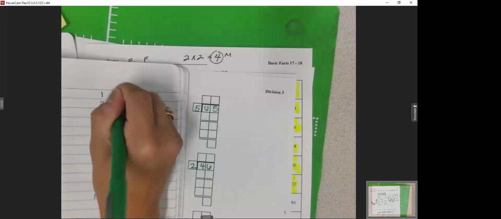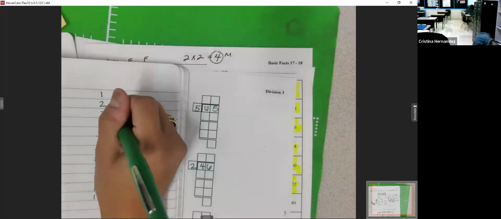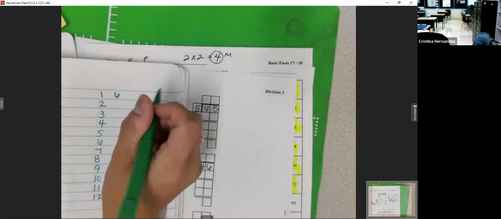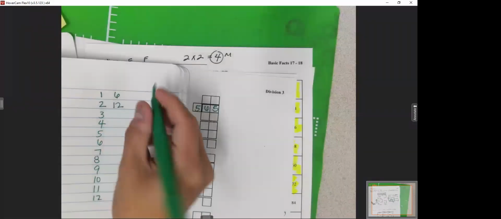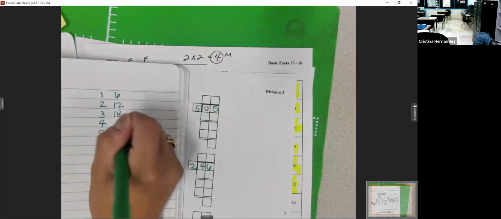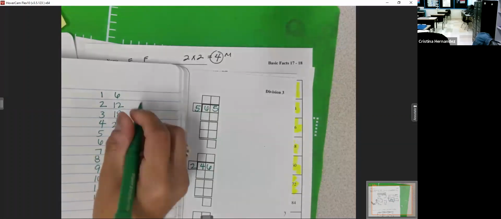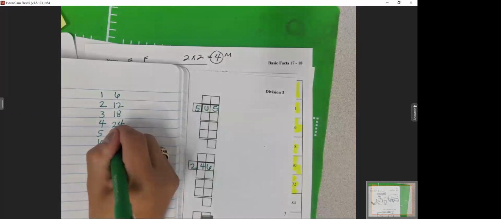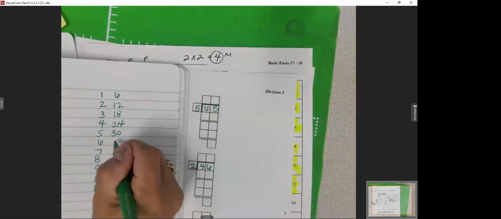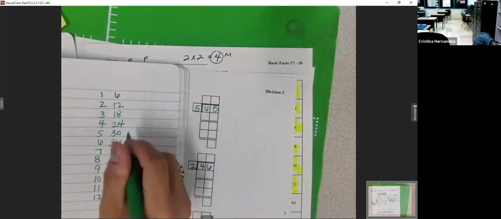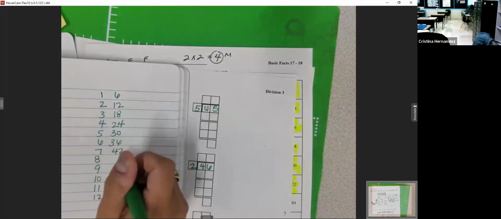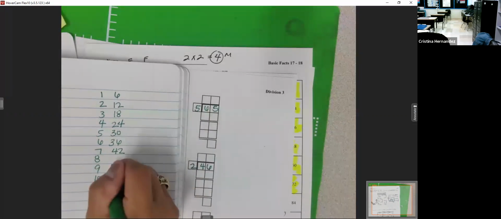And then 2 times 6, 12, 18, 24. Come on, somebody else answer. 5 times 6 equals 30. All right. Seven times 6. Keep your cameras on. 48.